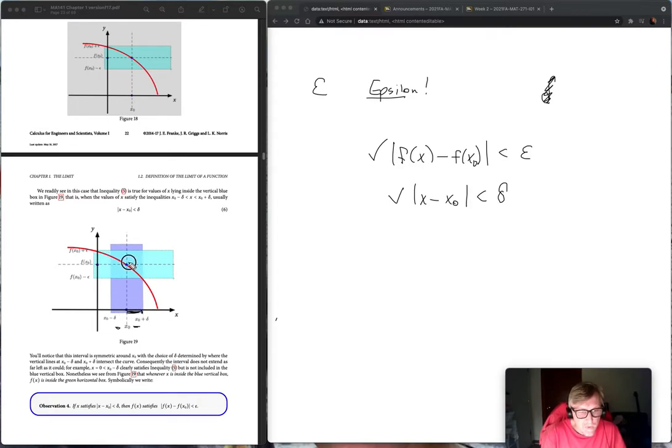That distance from here to here is epsilon. So within a radius of epsilon of f of x sub 0, we should see the values of f of x.